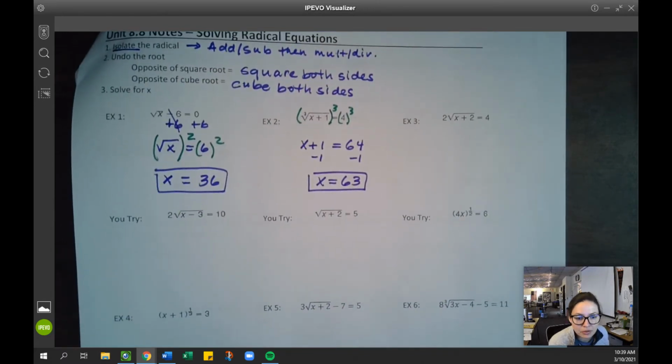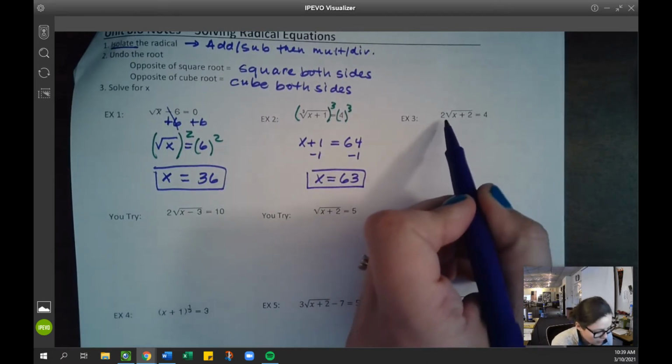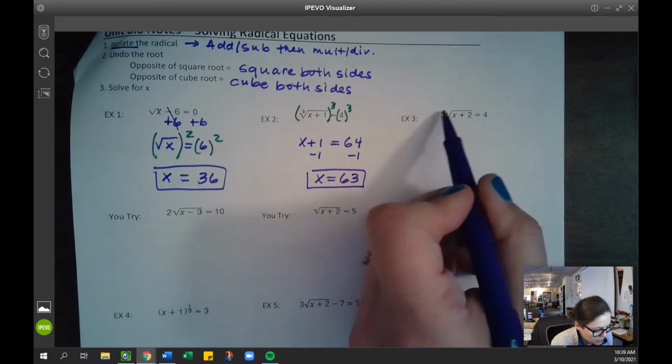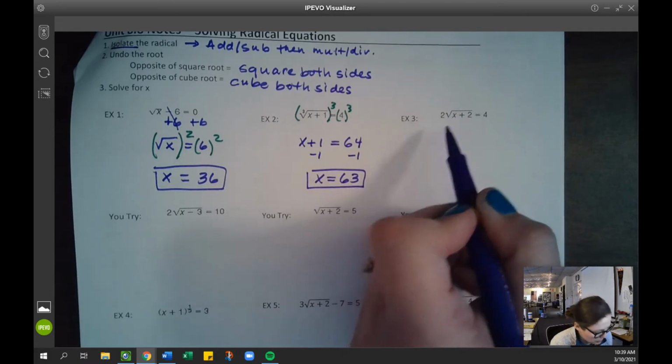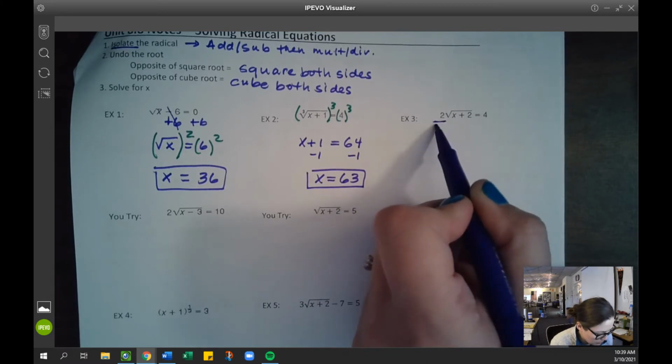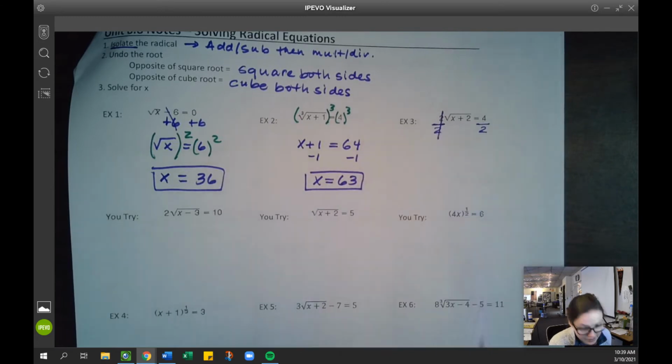All right, example 3. First step is to isolate the radical. This 2 is not in the square root, so I'm going to get rid of it, which means I'm going to divide both sides by 2. That 2 is out, right? 2 divided by 2 is 1.